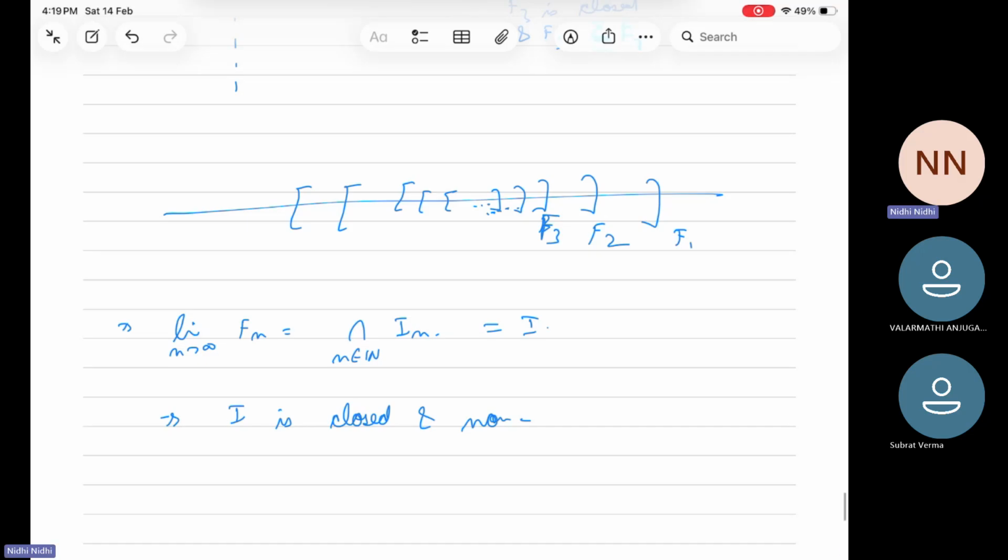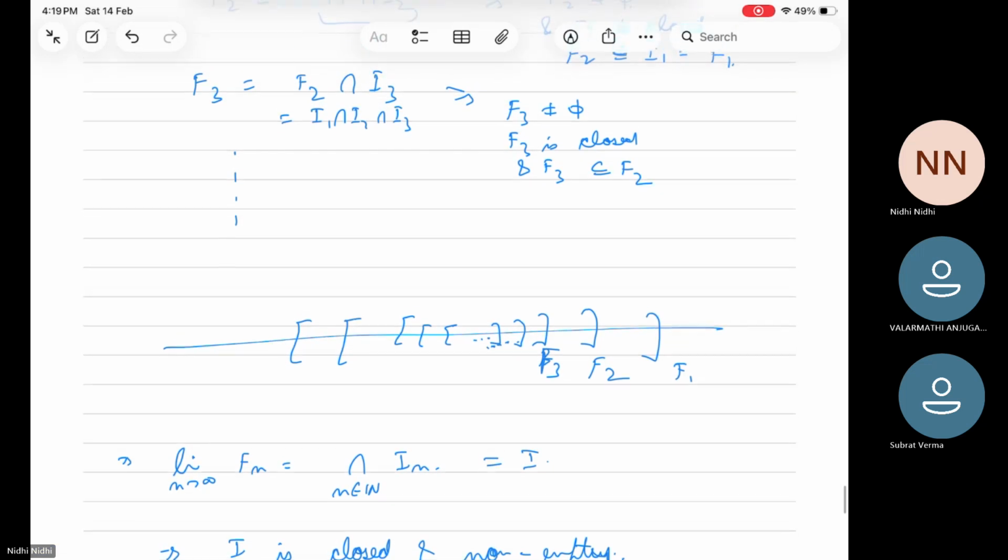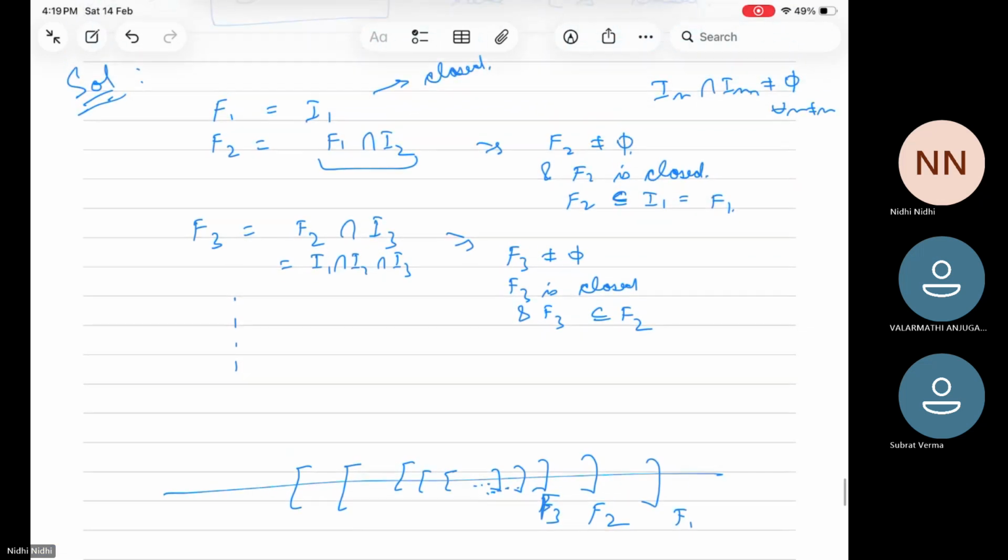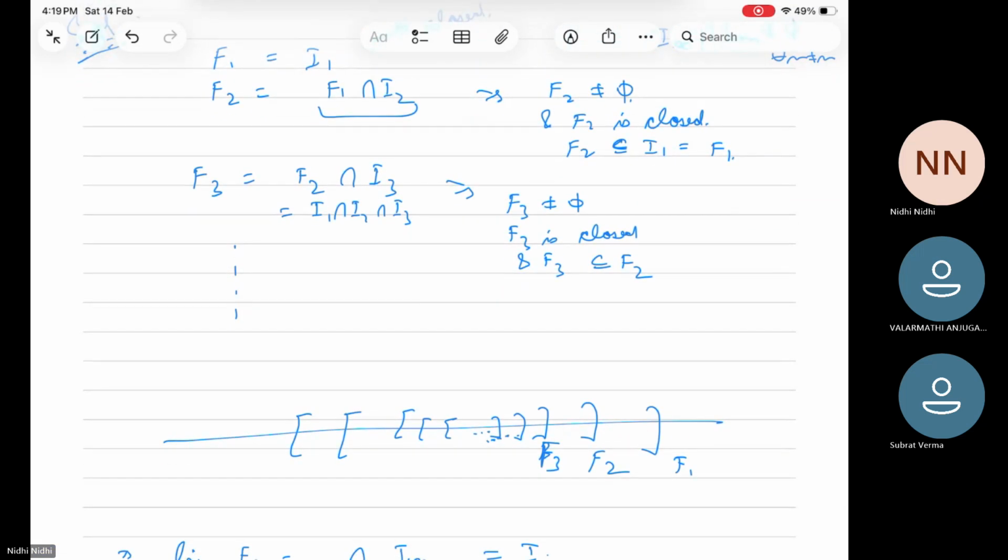Yes, closed and non-empty. So the main idea was to visualize how this intersection will look. So is it clear? Yes. Okay.